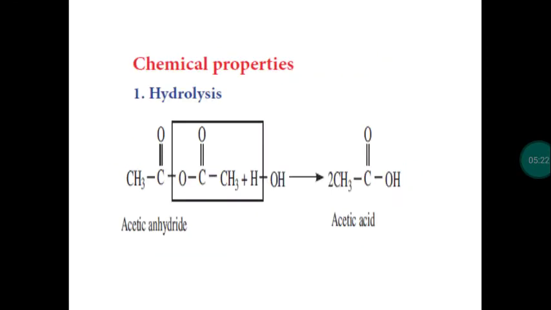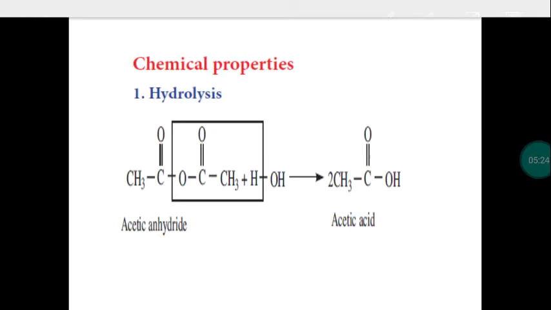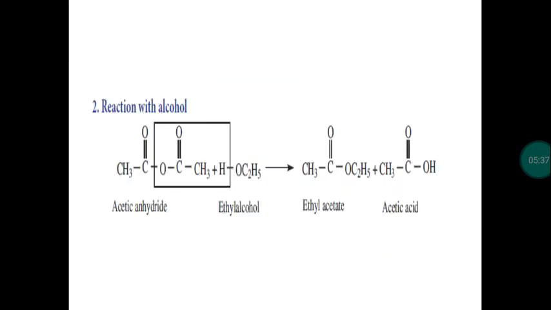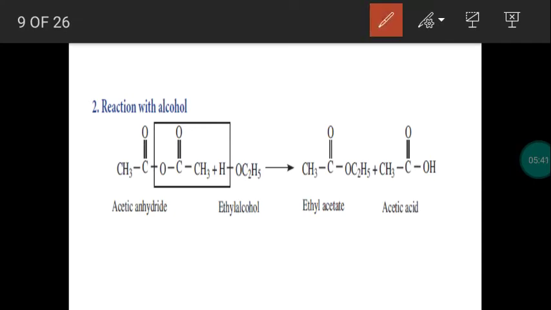Then chemical properties. First, addition of water. So this is the hydrolysis process. When water is added to acid anhydride, we get two molecules of carboxylic acid. Two molecules of acetic acid are formed. Next one, alcoholysis process. An alcohol is added to acetic anhydride.